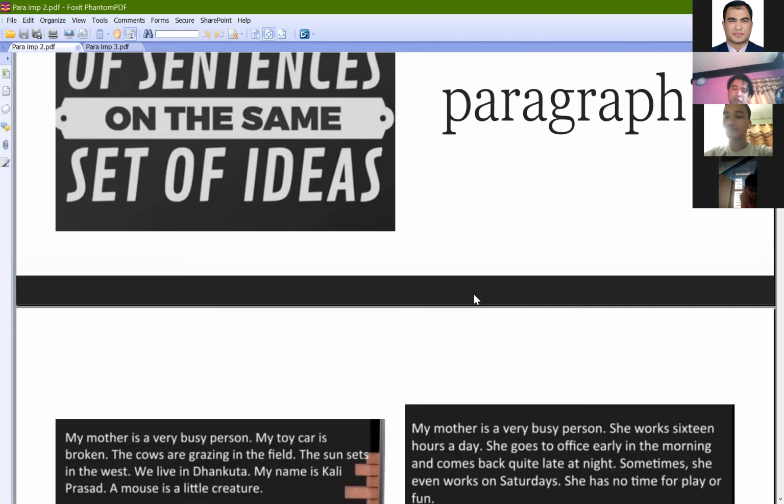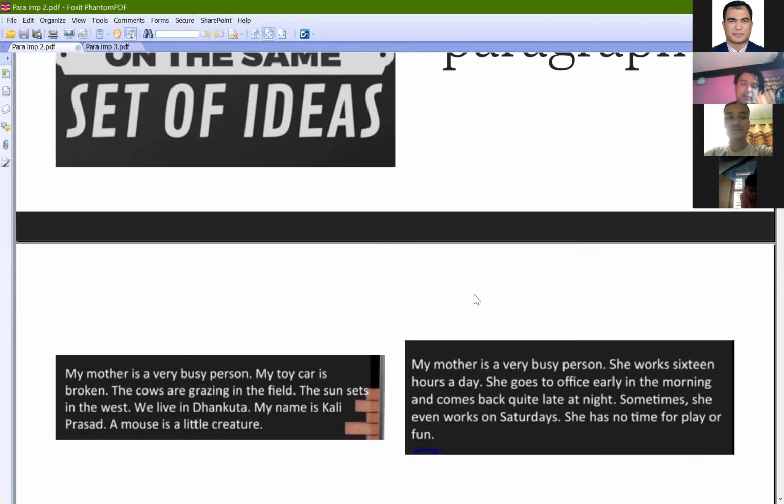Whereas in the sentences on your left hand side, the sentences do not cohere, C-O-H-E-R-E. They are not coherent. It means what the person is writing about, what the person is talking about is not very clear.